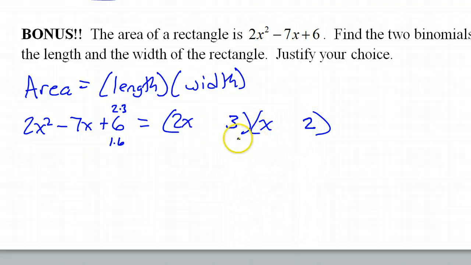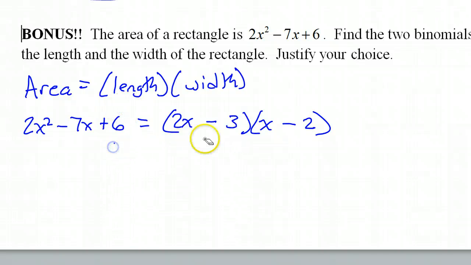Now inner, that gives me 3x, and outer, I have 4x. I'm trying to get negative 7 in the middle, so I would need a negative 3x and a negative 4x, which would give me this. And a negative times a negative is a positive, so that will make plus 6. So this is the factored form.